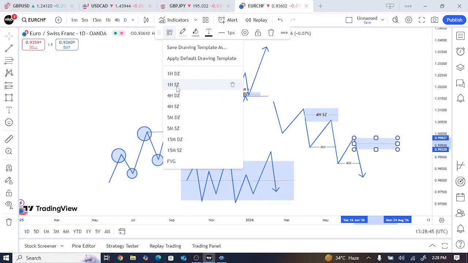Let me use 1 hour anyway. And most times we look for entries in the 5 minute time frame.